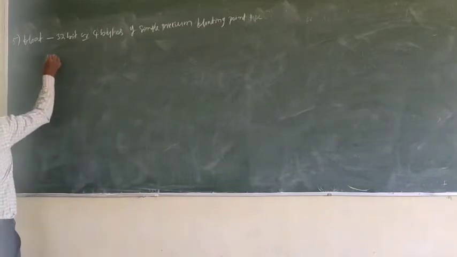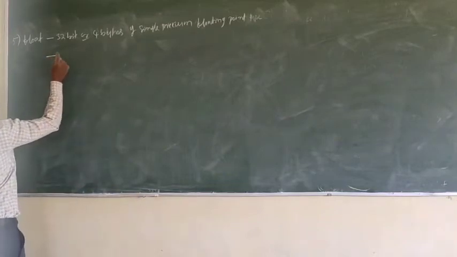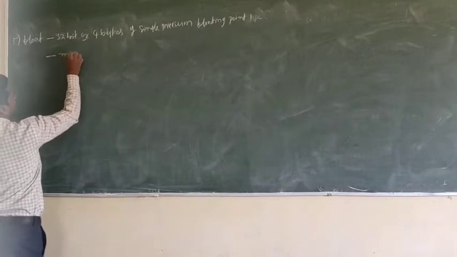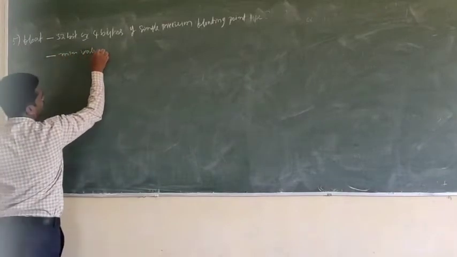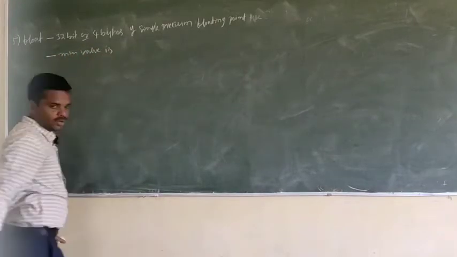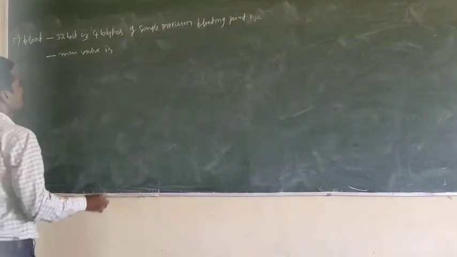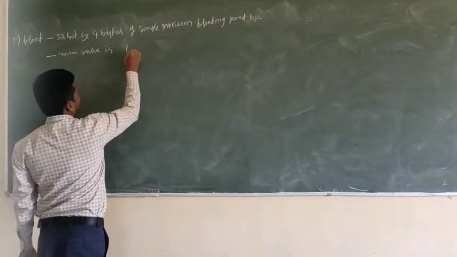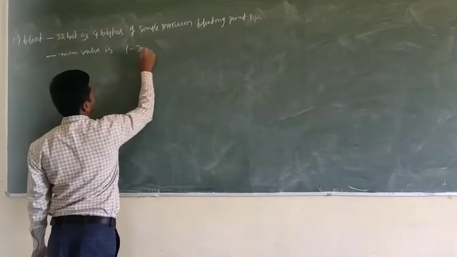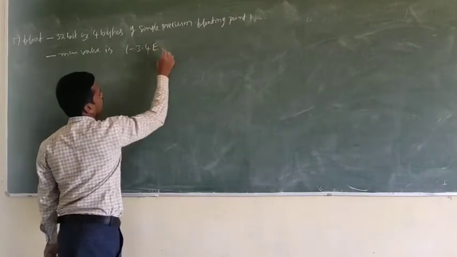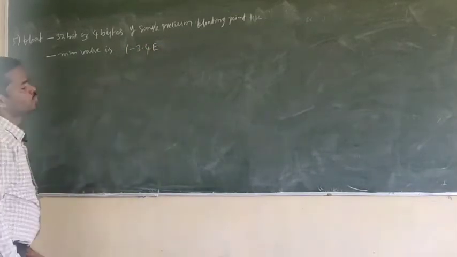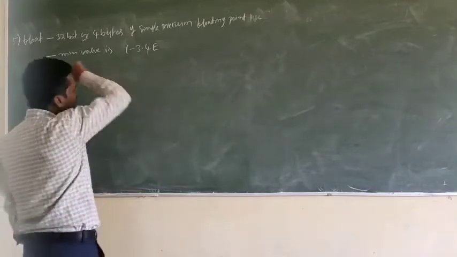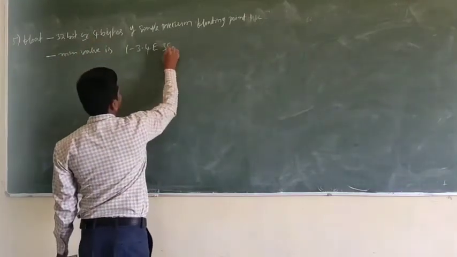And what is the range of values? What is the minimum value and maximum value it is going to store? That is here: minus 3.4 E 38.